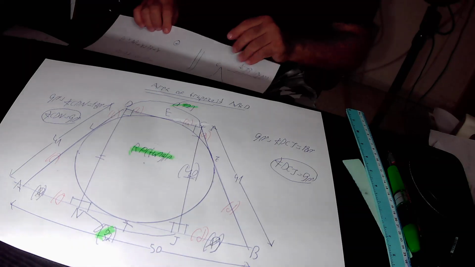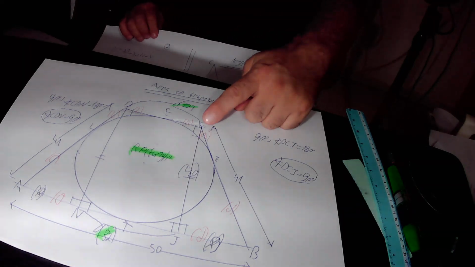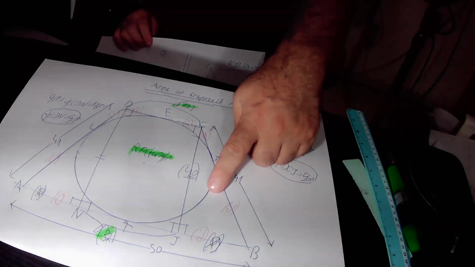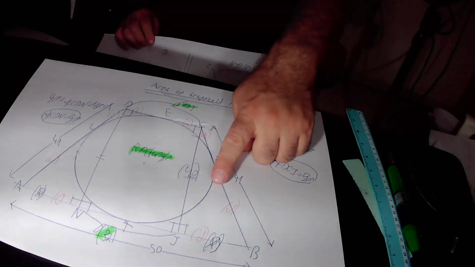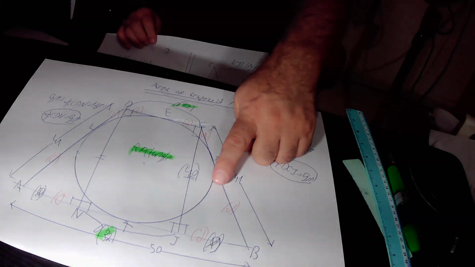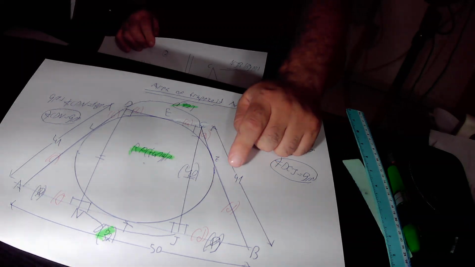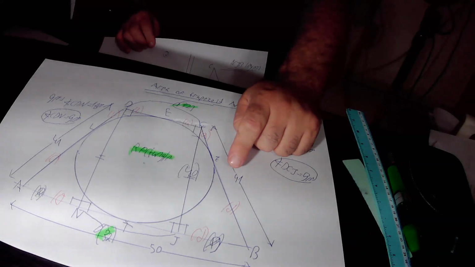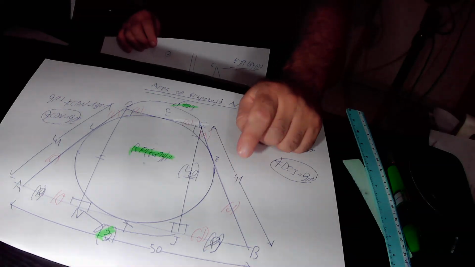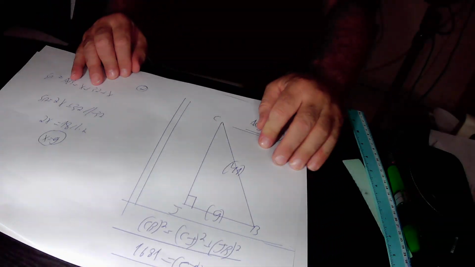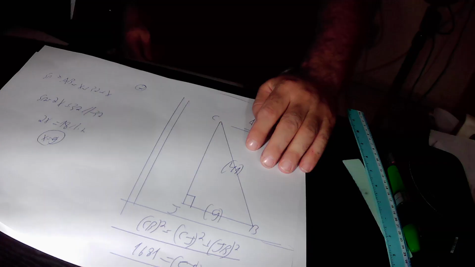In the next step, I copied the right triangle CJB to a new page, and we apply the Pythagorean theorem on this right triangle CJB. According to the Pythagorean theorem, in any right triangle, the square of the hypotenuse equals the sum of the squares of the perpendicular sides. So this is the right triangle CJB that I copied from the original diagram.